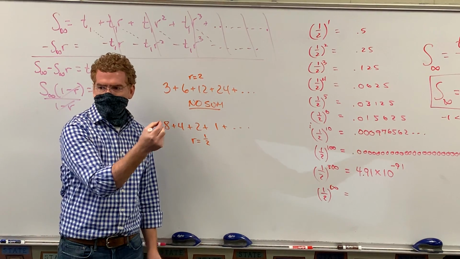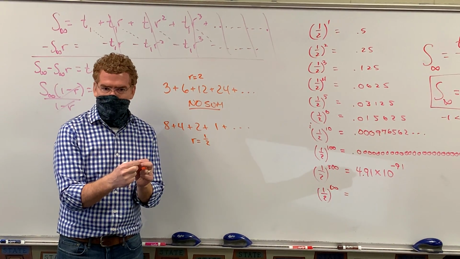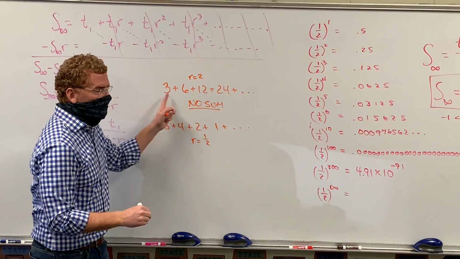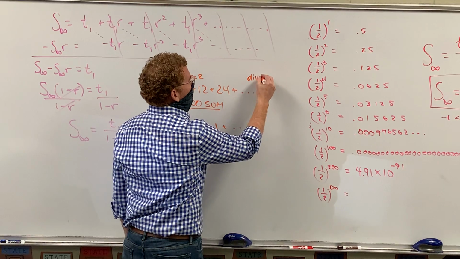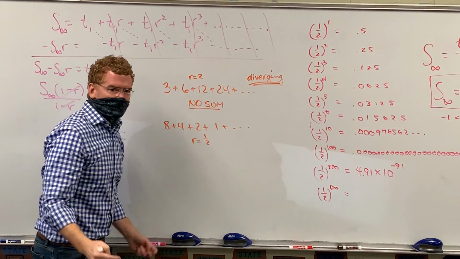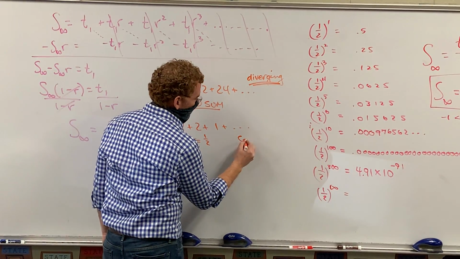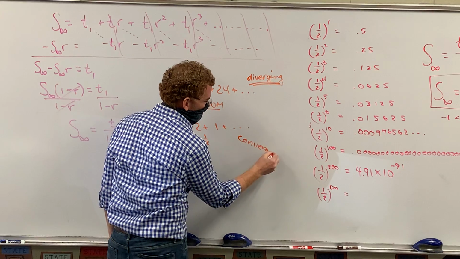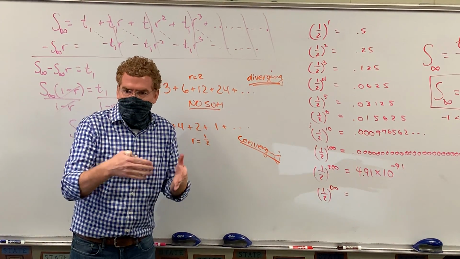And that means I'm adding a more negligible amount. Okay? So the previous sum is what we call a diverging sum, as opposed to a converging sum. This is converging on a value.